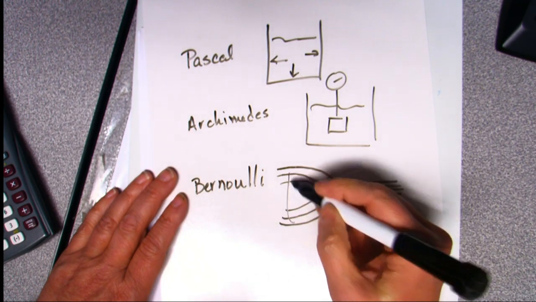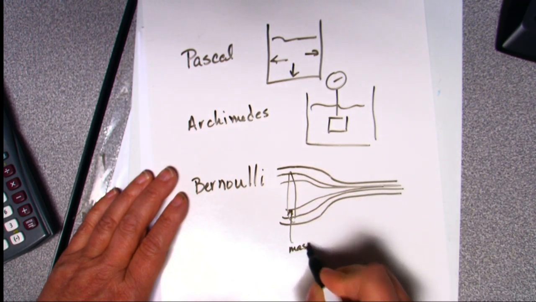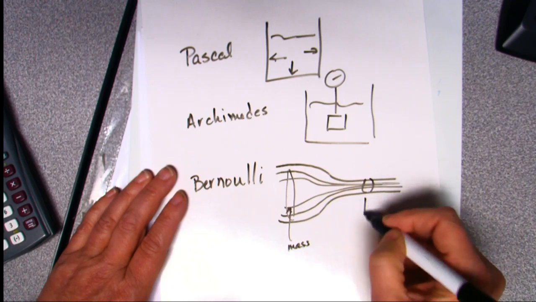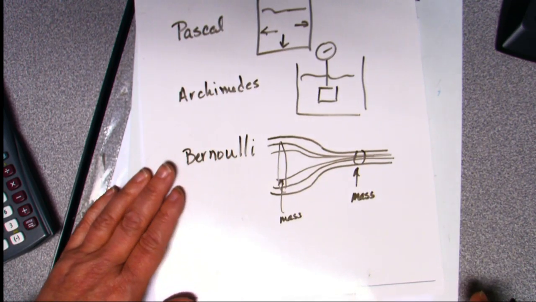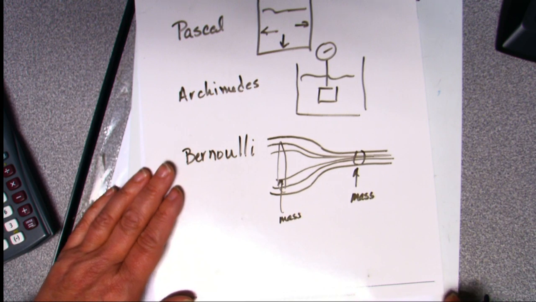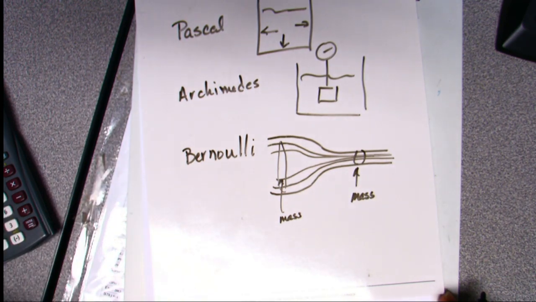And if I look at this, the mass that's going through here has to equal the same mass that's going through there. Otherwise, I'm going to burst my tube. So we've all done this. How many of you have put your thumb over the hose, the water coming out of the hose?